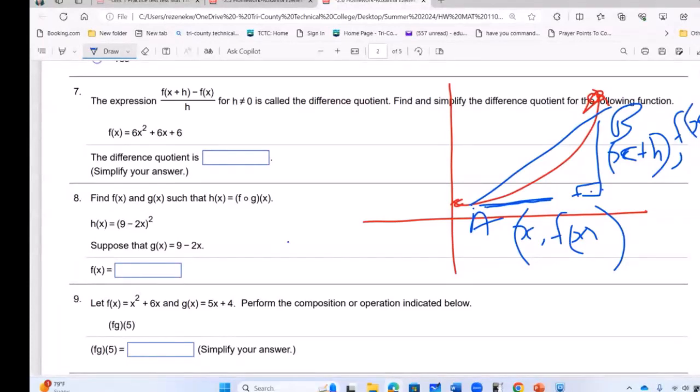All right. So whenever you're told to find the difference quotient, you're actually finding the slope. It's called the slope of a secant line. The slope of a secant line, the difference quotient. So what is the slope of this secant, AB?